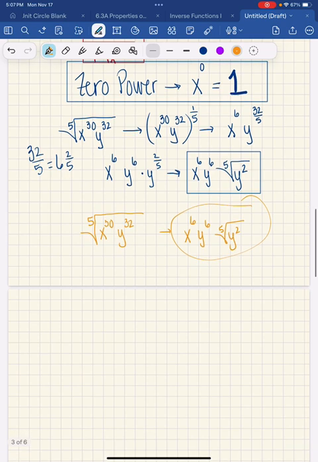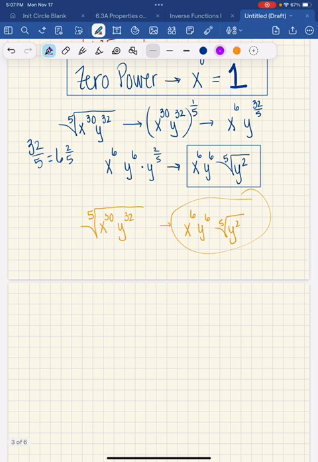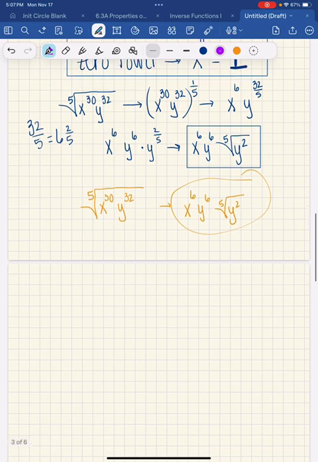All right, I'm going to give you one big monstrous problem, and then I'll do another separate video for graphing exponential functions.